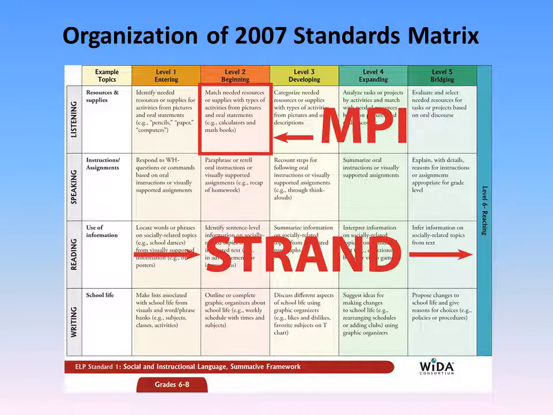I just want you to see that on this grade level of 6-8, in the ELP strand of social and instructional language, this is the summative framework, just to give us a picture of how it looks. The 4 domains run down the page on the left, the 5 levels run across the top, and again, an MPI is each box, and then 5 boxes in a line together make up a strand. So that'll be some terminology we'll be using throughout the course of this module.